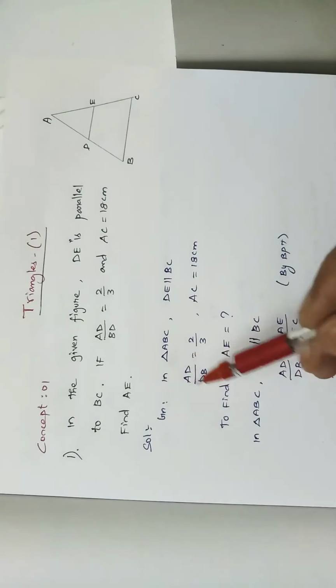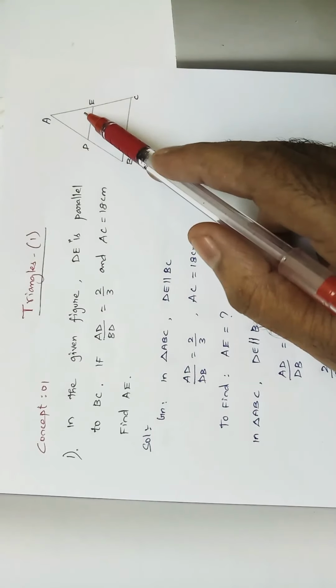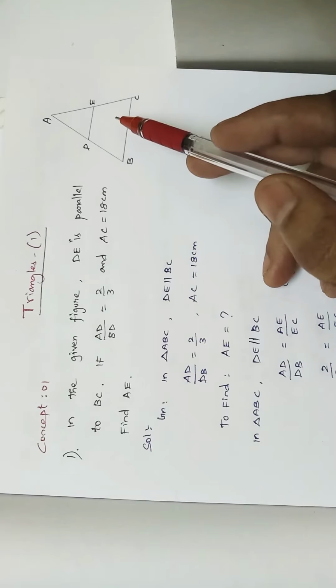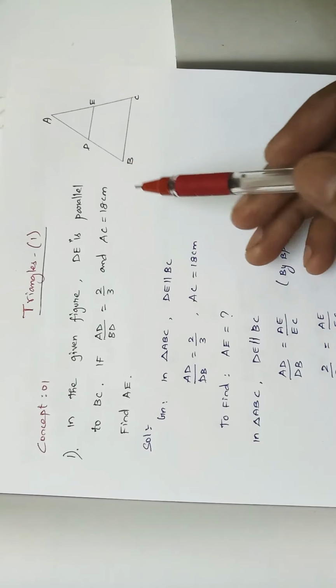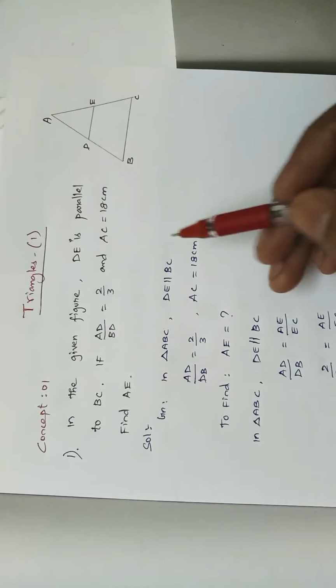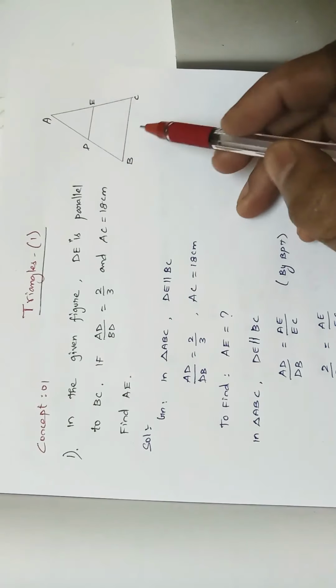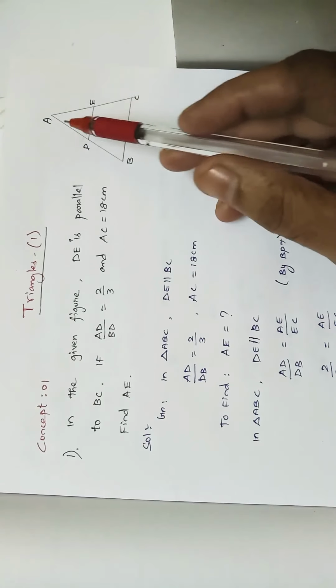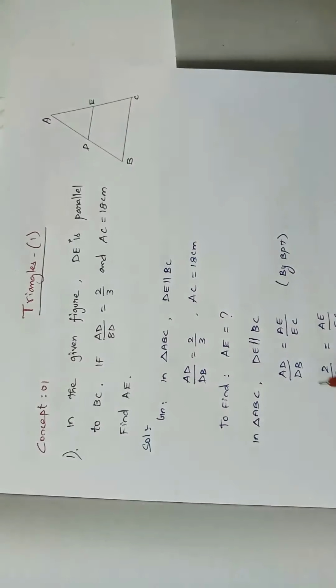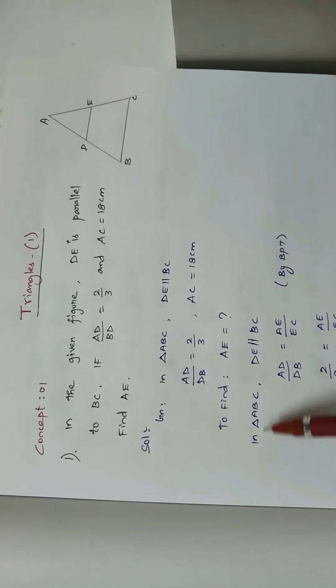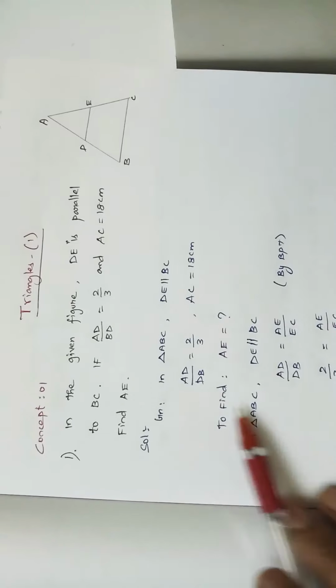So what do they ask you to find? To find AE. AE is nothing but a part of AC, so we are going to find it. How are we going to find it? By using the BPT, right? In triangle ABC, DE is parallel to BC, then AD by DB is equal to AE by EC by BPT, right? Already they have given AD by DB is 2 by 3.